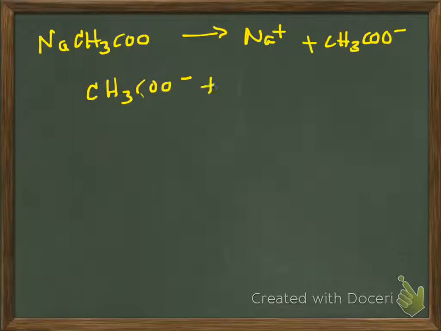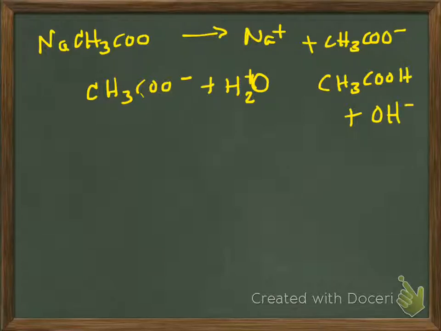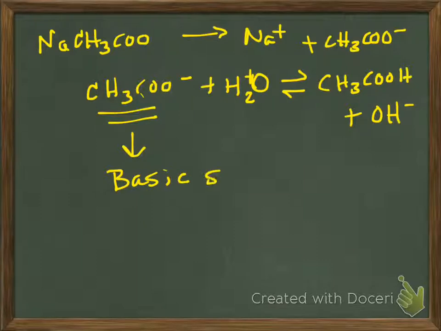It's a negative, so it's going to attract the hydronium ion, and it's going to form CH3COOH and hydroxide. I have to make this water, I'm sorry. That is a weak acid, so this will set up the equilibrium. This ion will have the effect of making a basic solution.